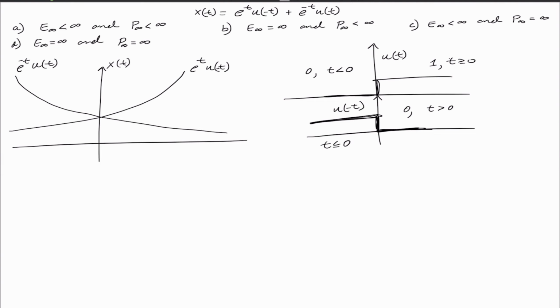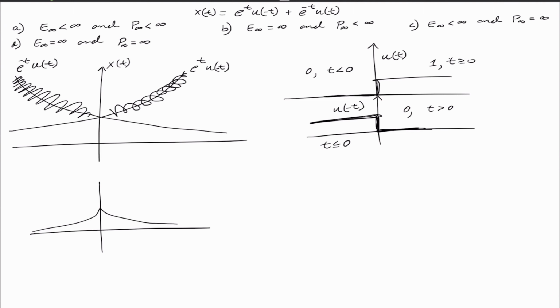So we see that in this case, we can take that away, take this away, and we end up with the expression x of t. This is because the unit step function u of t is 0 for t less than 0.